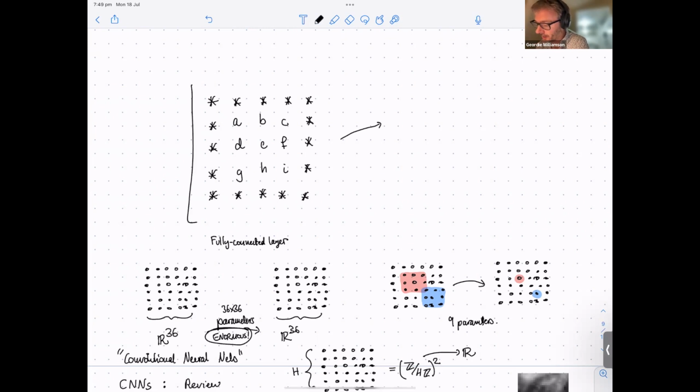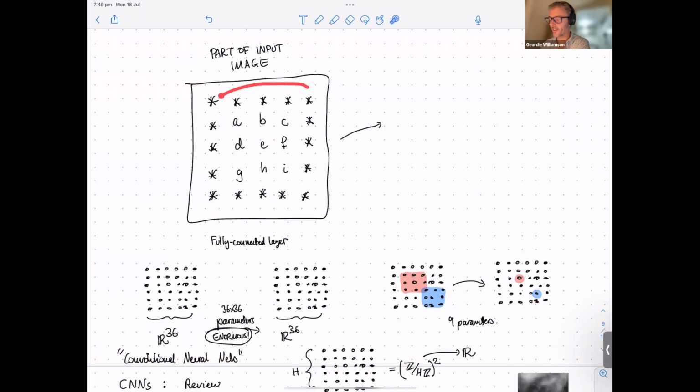This is part of an input image. Imagine that this is a small part of a big image.